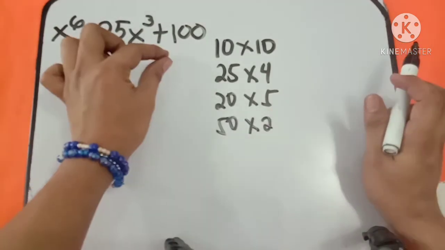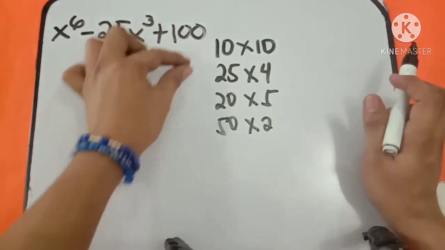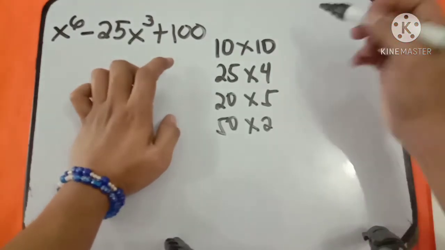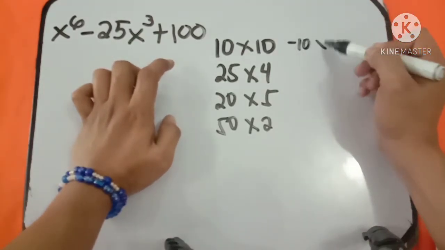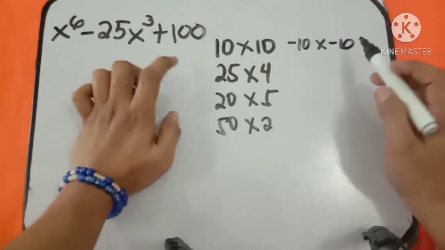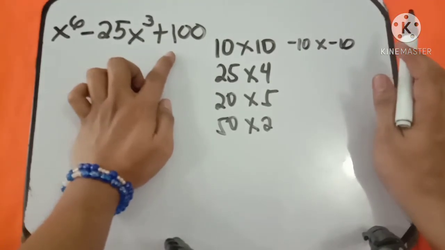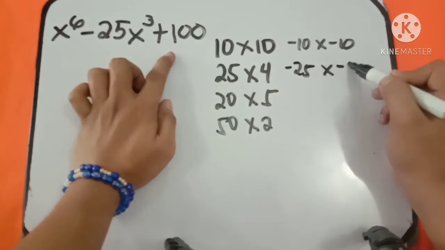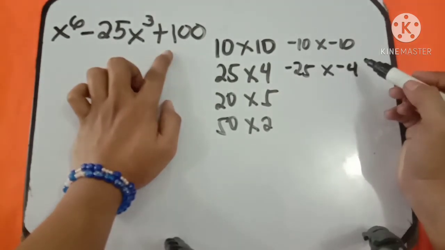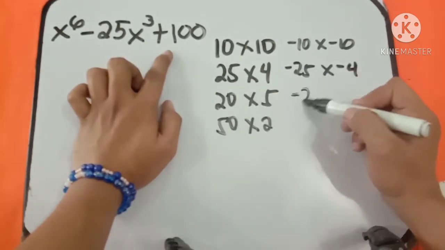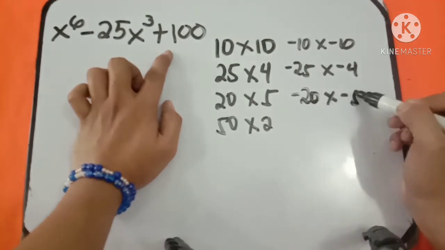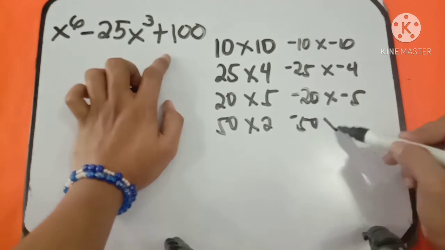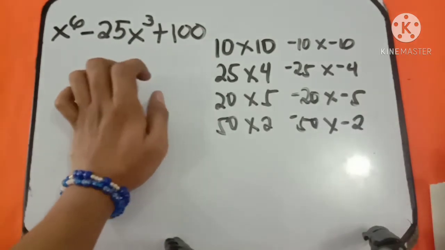Is there another set of factors aside from these? Yes. We can say negative 10 times negative 10 is also positive 100. Negative 25 times negative 4 is also positive 100. The same with negative 20 times negative 5, and negative 50 times negative 2.